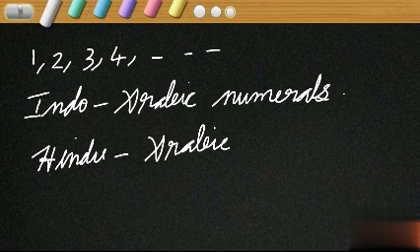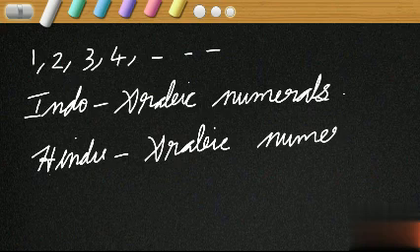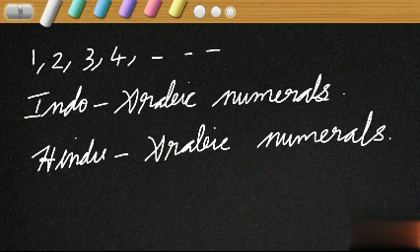That's how the name Hindu comes. Our great past, isn't it? So 1, 2, 3, 4, etc. can be named in two ways: Indo-Arabic numerals and Hindu-Arabic numerals.